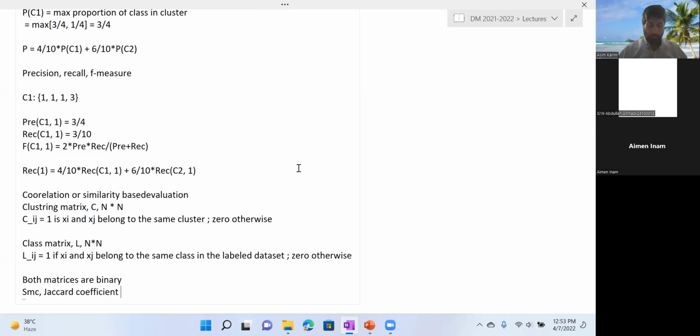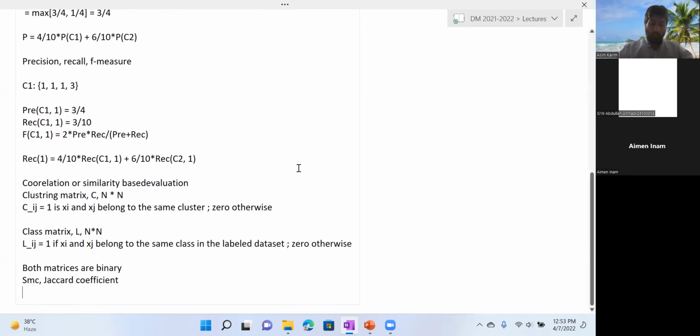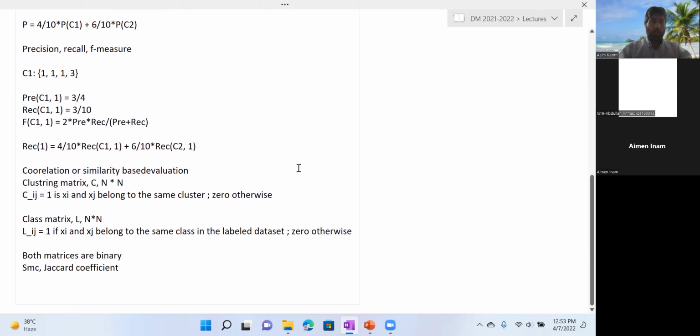So any questions? Okay, I think that is the end of clustering validation or evaluation, and also, I think more or less the entire section on clustering.